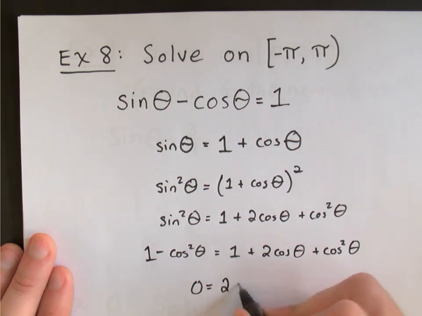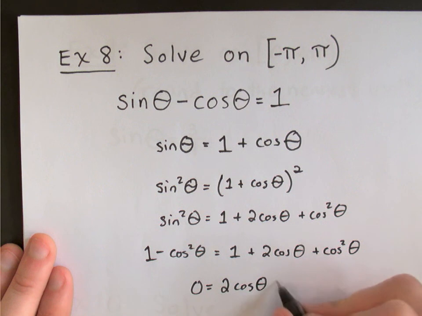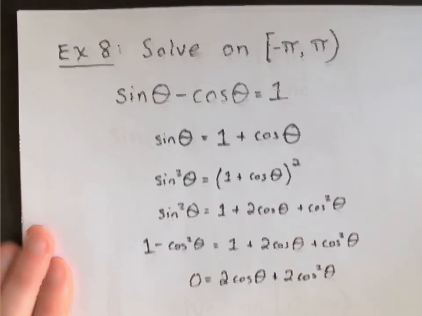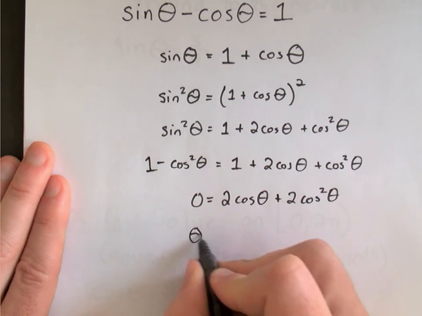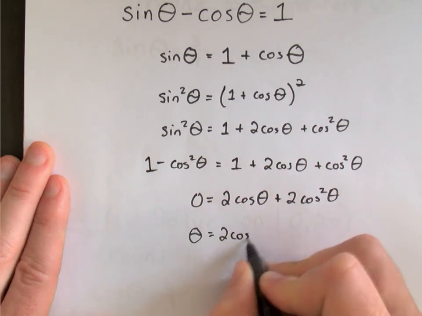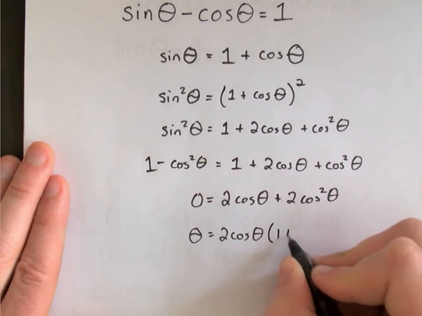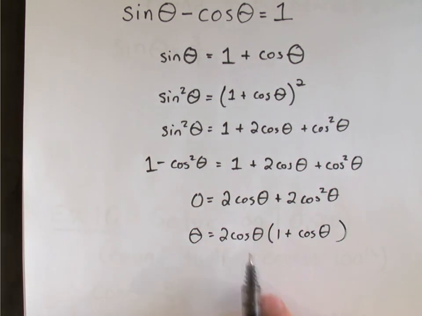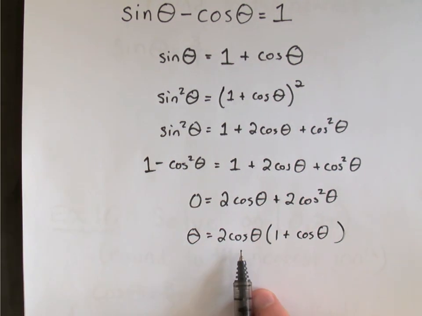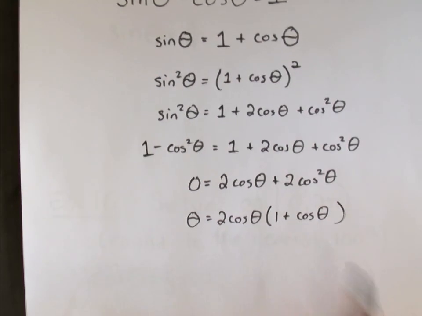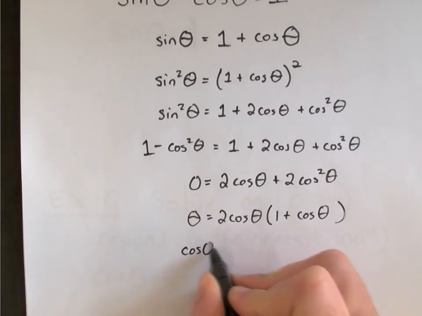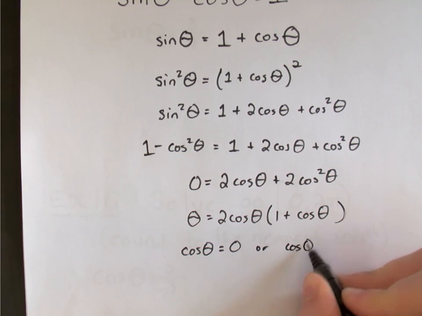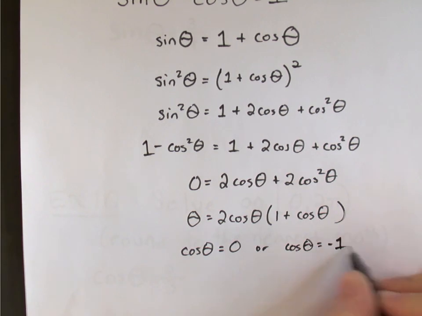You'll have 2 cosine theta plus 2 cosine squared theta, and that can be easily factored and solved by pulling out 2 cosine theta, leaving 1 plus cosine theta. Another zero product property argument, either cosine equals 0 or 1 plus cosine equals 0. So that gives us either cosine theta equals 0 or cosine theta equals negative 1.